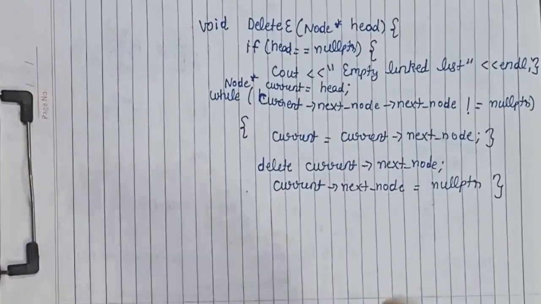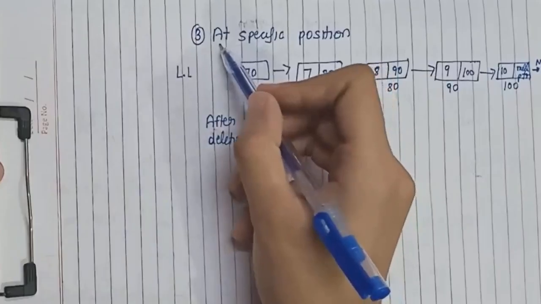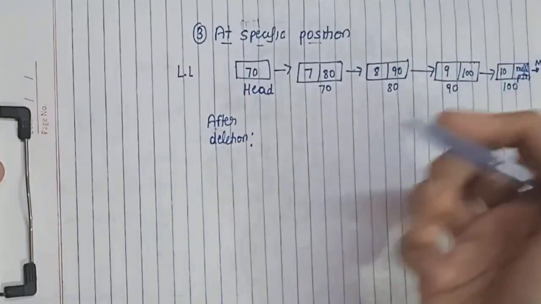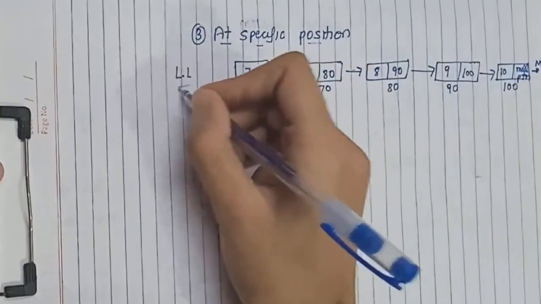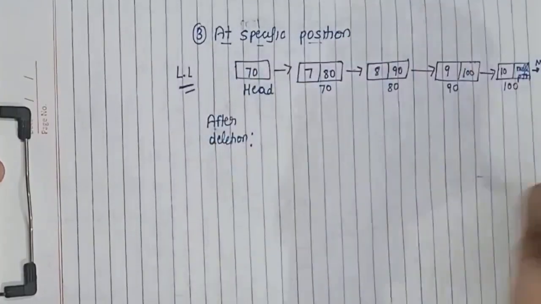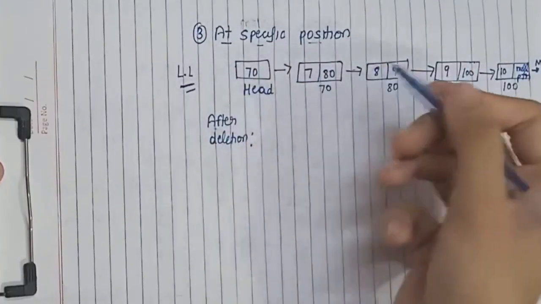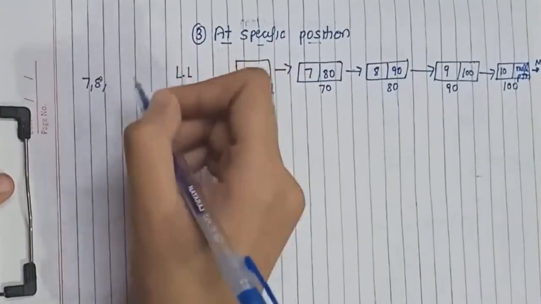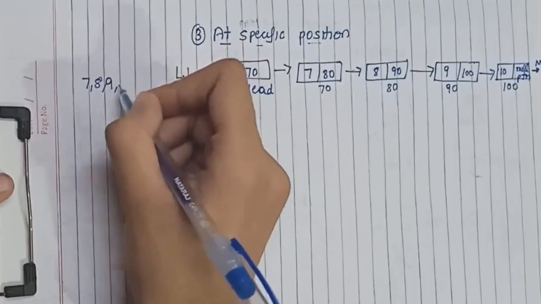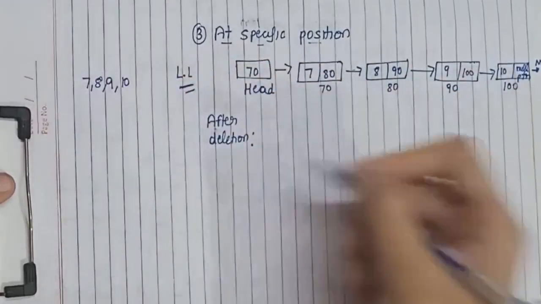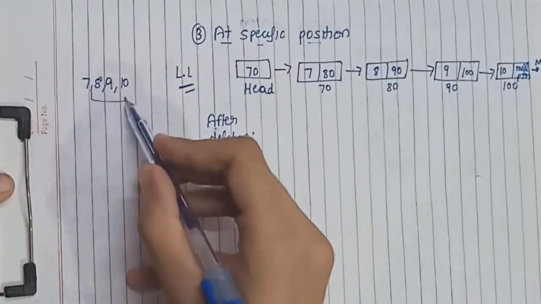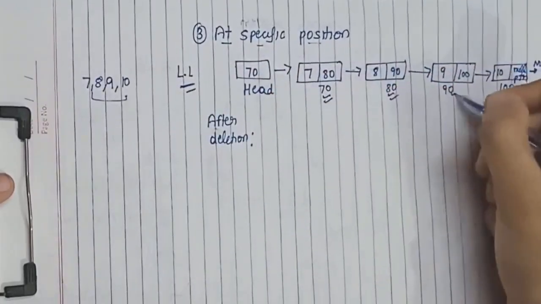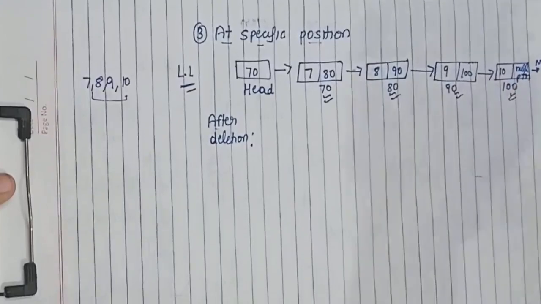So now let us move on to deletion at some specific position given by the user. So now let us assume that the linked list given to you consists of 4 elements, which are 7, 8, 9 and 10, and the addresses for the respective nodes are 70, 80, 90 and 100.